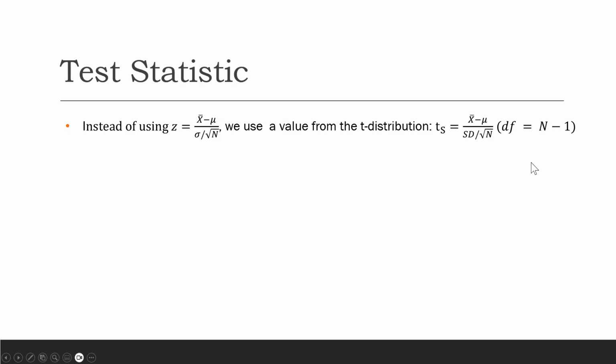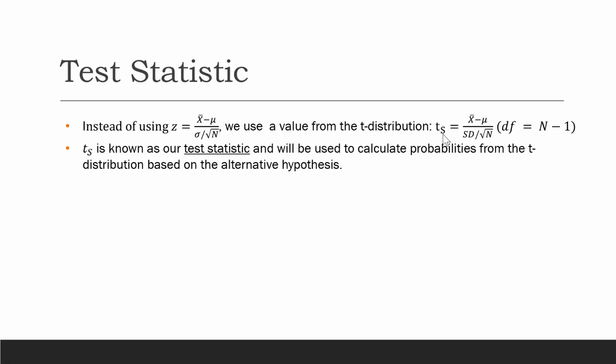So this is the value that we need to find on the t distribution curve in order to help us calculate those probabilities. This specific value of t is called our test statistic. So t with that subscript s is known as our test statistic, and it will be used to calculate probabilities from the t distribution based off of our alternative hypothesis.